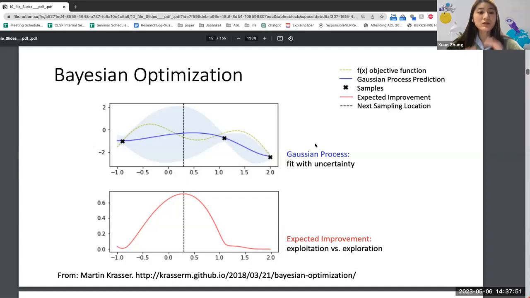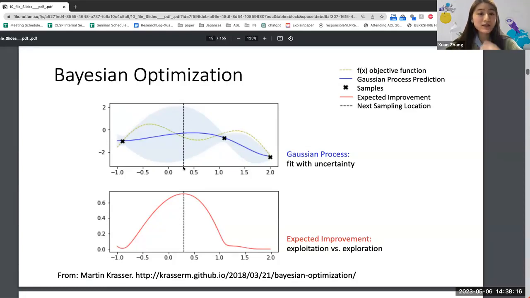So you can just picture many Gaussian PDFs drawn vertically over the blue curve. And each point on the blue curve represents the mean of the distribution, like those black X here. Those are the means. And the shaded area denotes the variance.